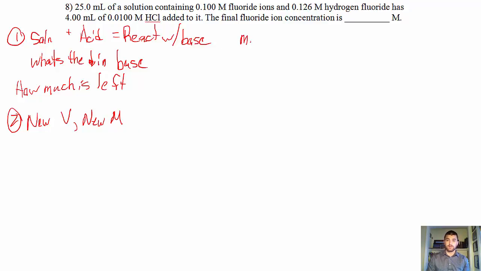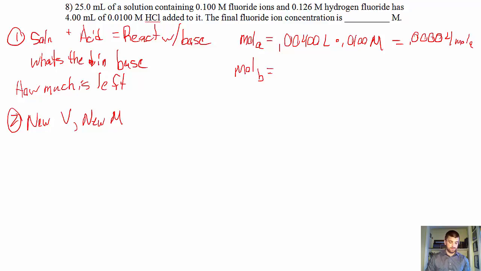So how much acid was added? Well, we got 0.0400 liters times 0.0100 molar. So that tells me that I got 0.00004 moles of the acid. Now I got to figure out, well, what was my moles of my base?